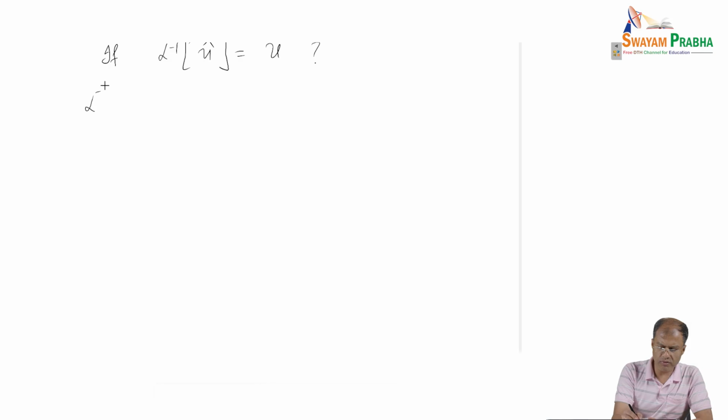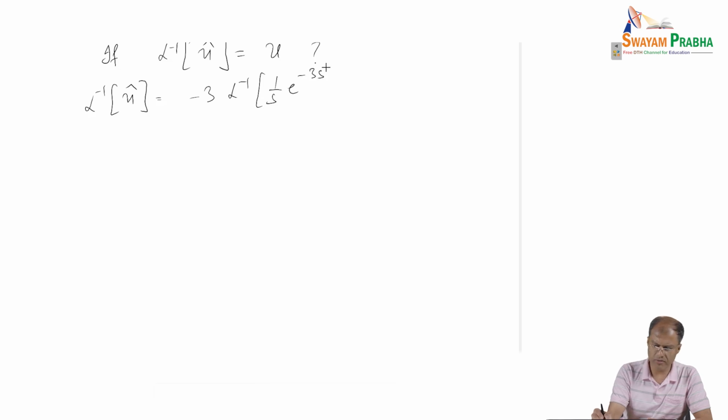So my inverse of u hat is negative 3 times L inverse of 1 over s e to the power minus 3s, plus 2 times L inverse of 1 over s e to the power minus s.